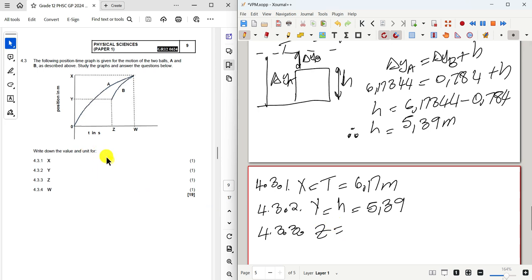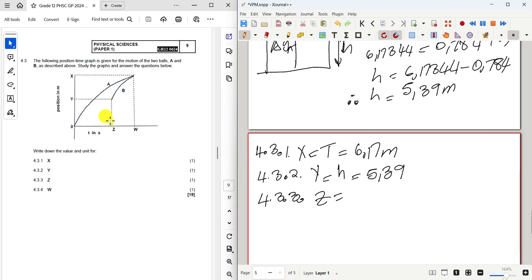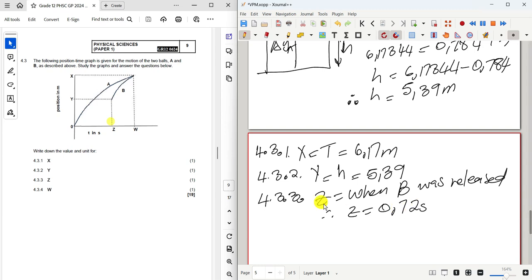Z is the time when object B was released. So I'm going to say when B was released, it was released 0.72 seconds later. Right? Okay, perfect.